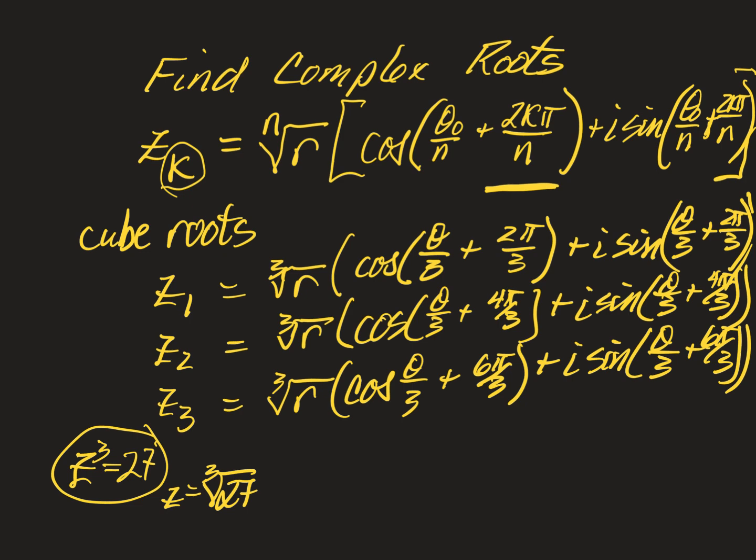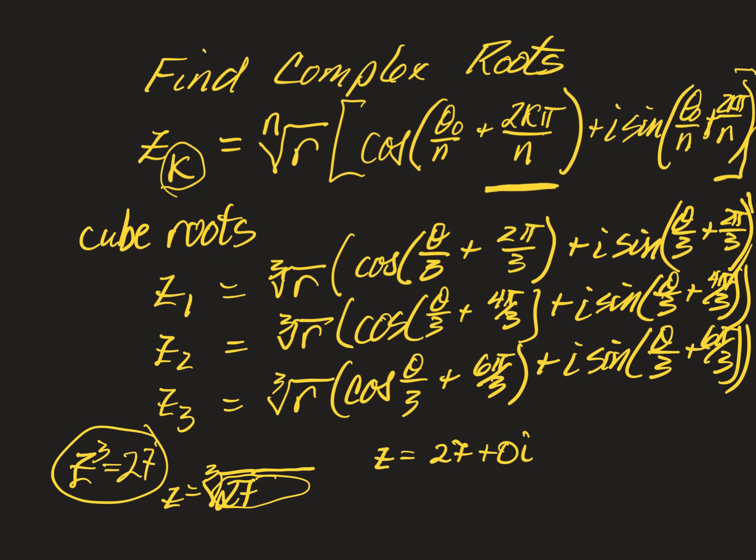And so let's work through that. I first want to get r. The complex number we're talking about is 27, so z is 27 plus 0i, and then we're going to take the cube roots of this.